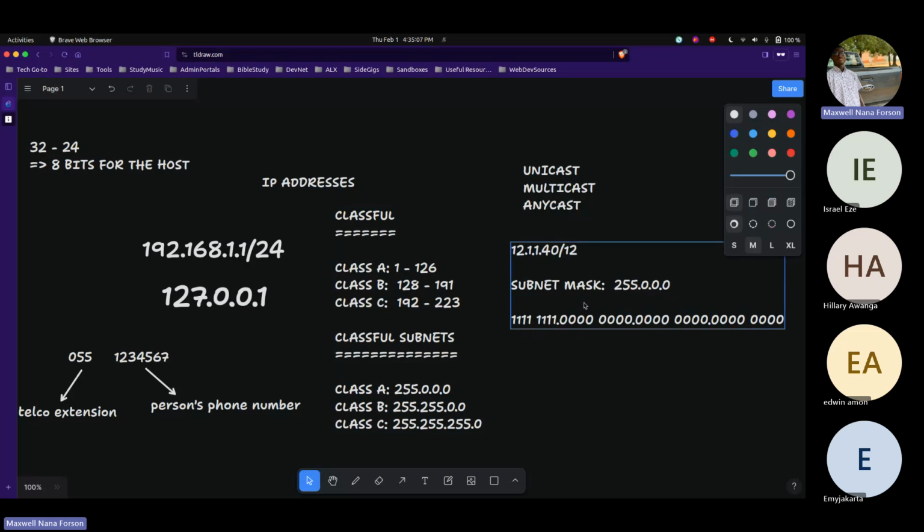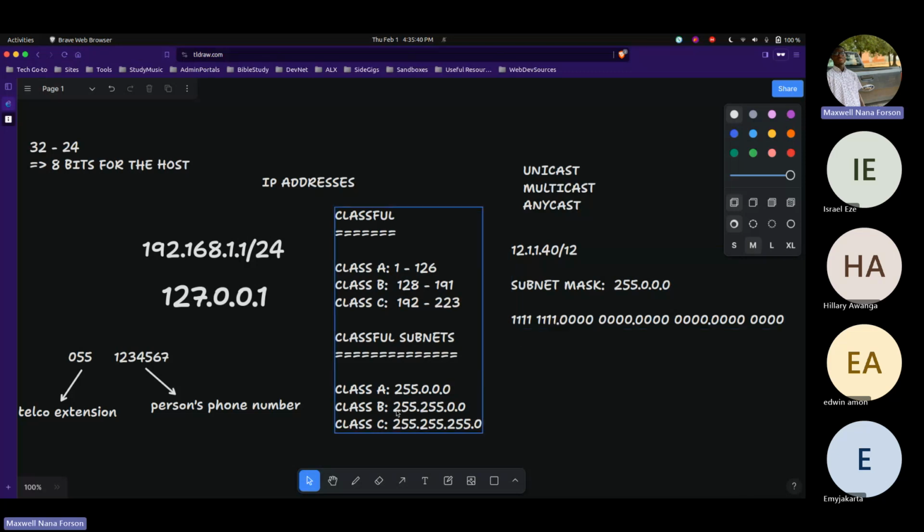But I'm just saying that if you see this much, it means that the first 8 bits, or the first octet, has been taken for the network. So we can't touch it, or we can't create host addresses from that side. That part of the bits cannot be touched. Everything that is a 0 can then be modified to create something else.